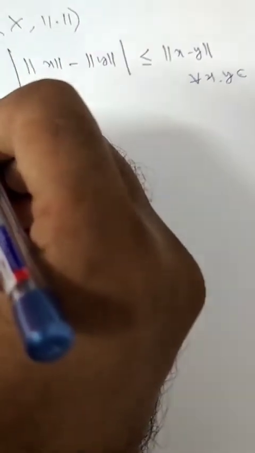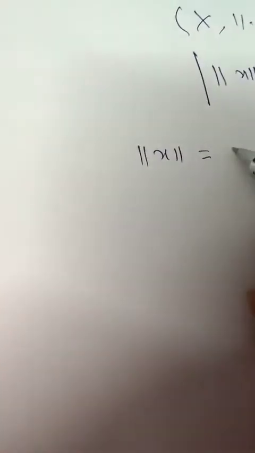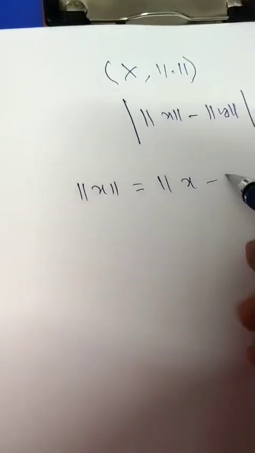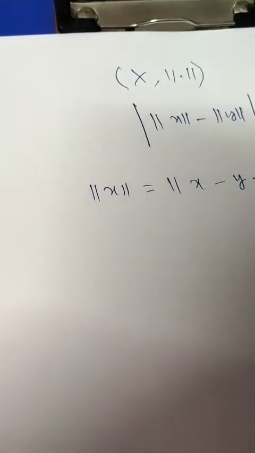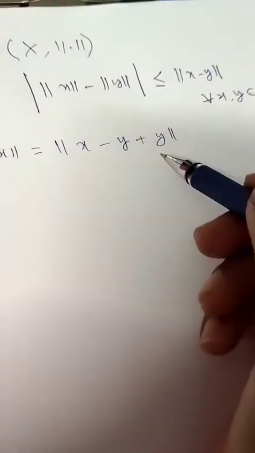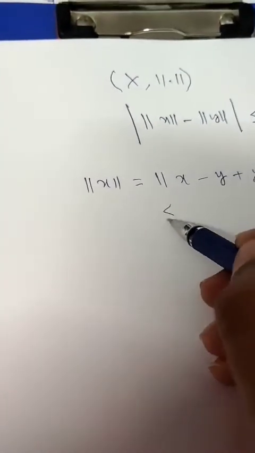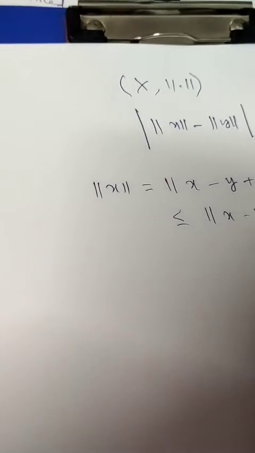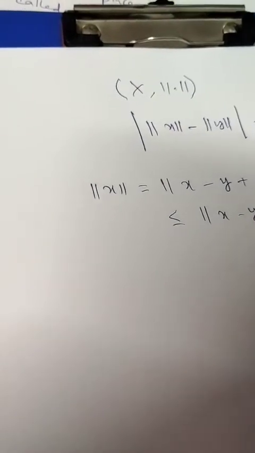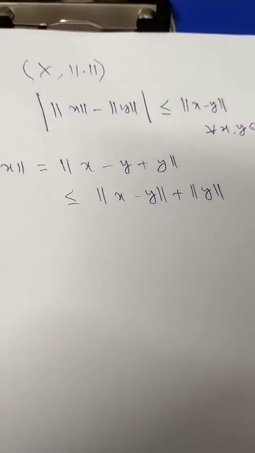You know that the norm of x can be written as the norm of x minus y plus y. But since it is a norm, this is less than or equal to the norm of x minus y plus the norm of y. Okay, can I write like this? Yes.